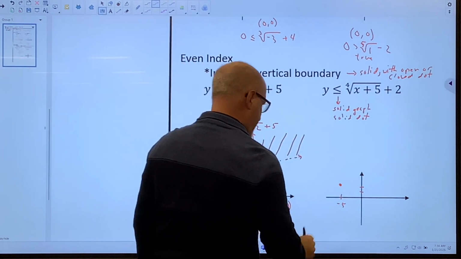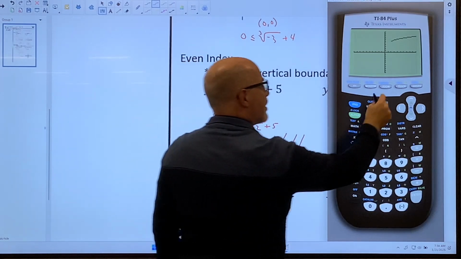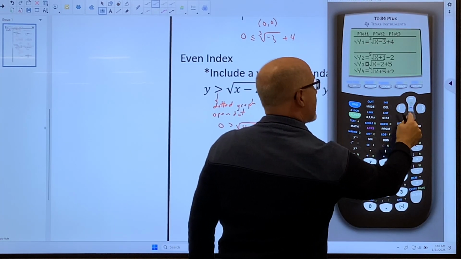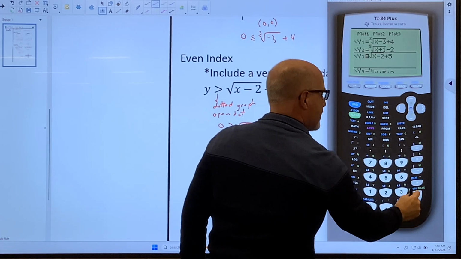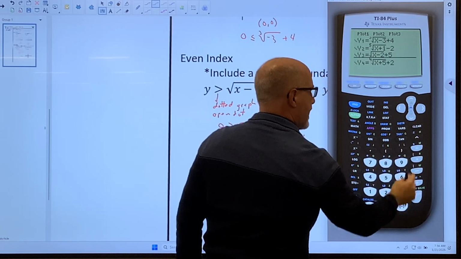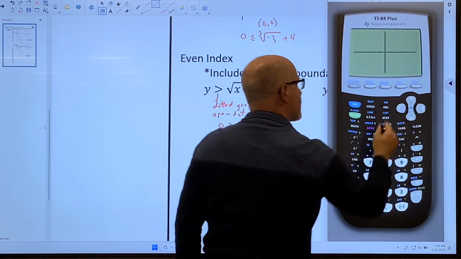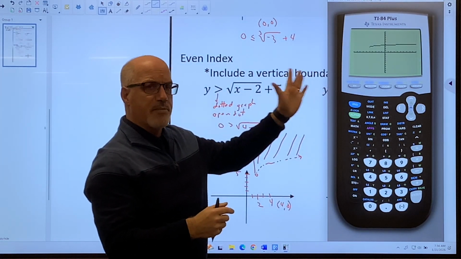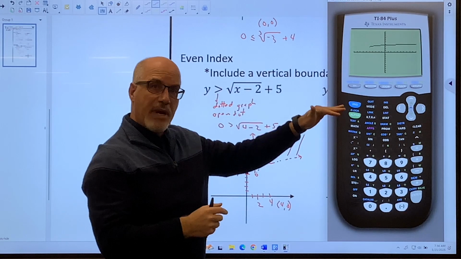Now this one, if you look at the graph, you could put that into your calculator, and let's not do that one, let's do this one instead. If you look at this graph, notice it comes right over here. It doesn't tell you it's dotted or solid, because it's just graphing the boundary.